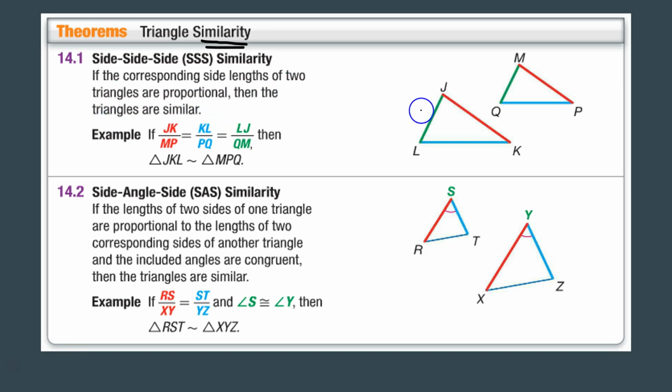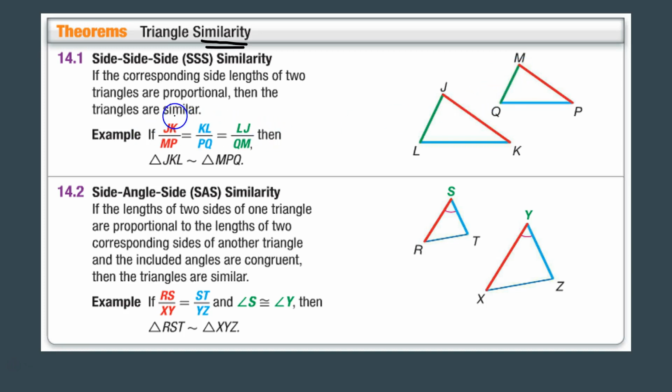So what they're saying is, in our case, JK is proportional to MP, which is equal to the proportion of LK divided by PQ, which is also equal to the proportion of LJ over MQ.